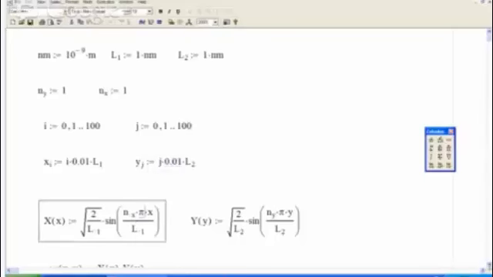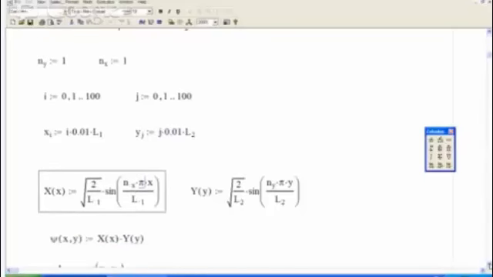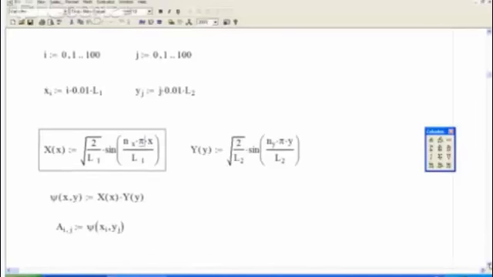Here's our definition of the wave function, the x component of the wave function, square root of 2 over L1 times sine n sub x times pi times x divided by L1.